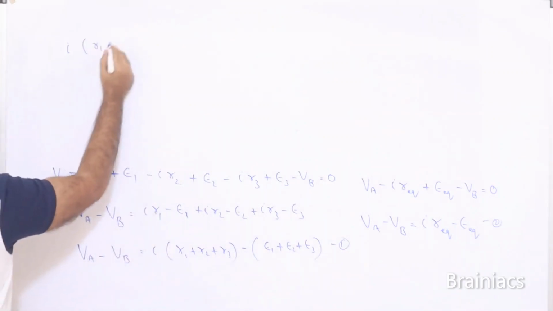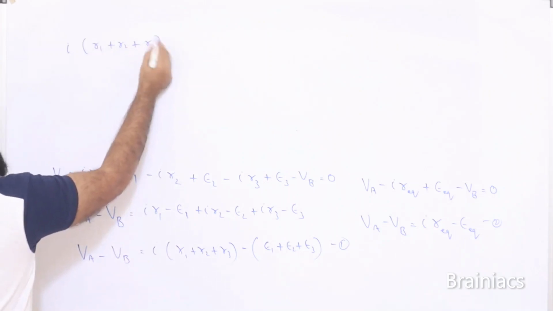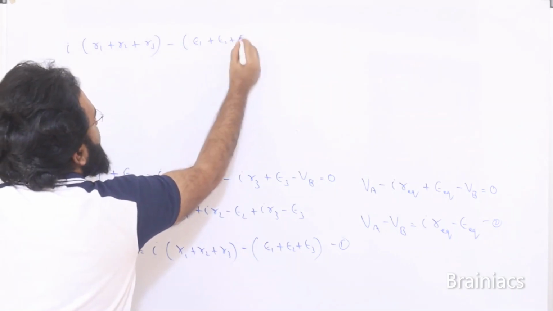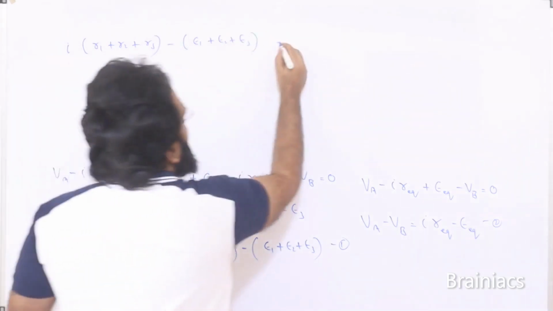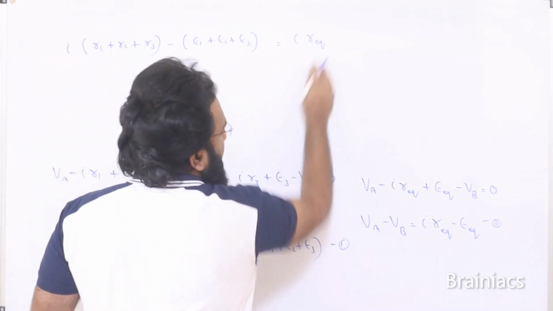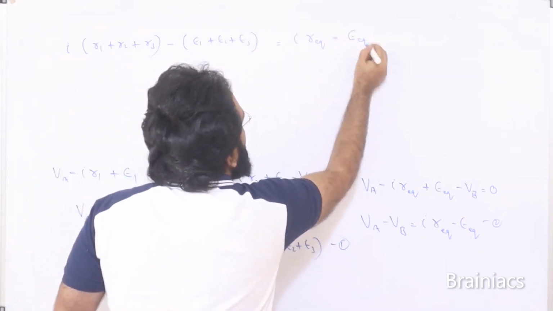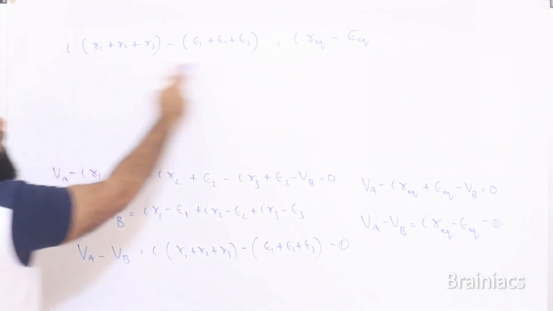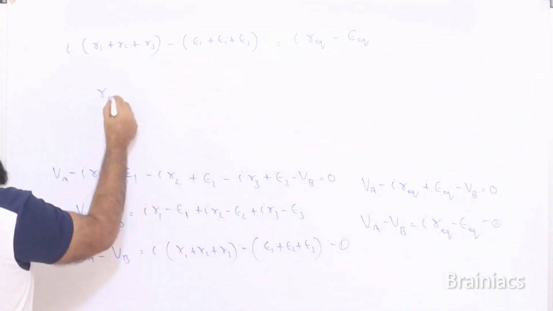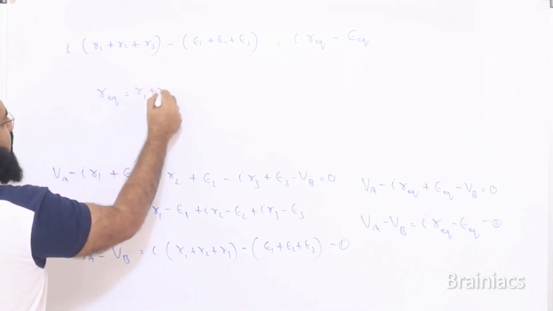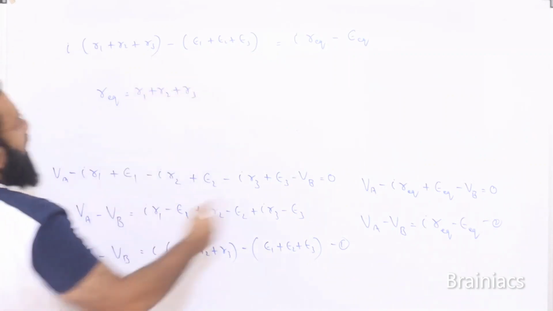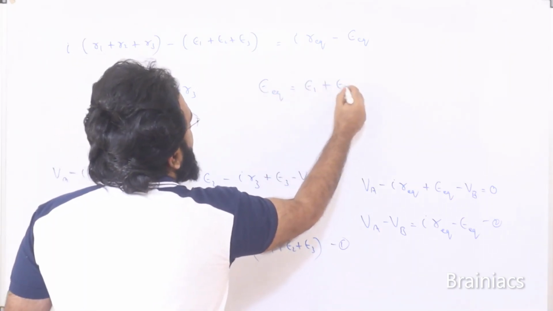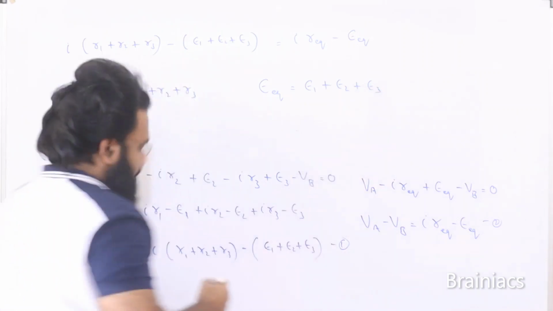So I into R1 plus R2 plus R3 minus E1 plus E2 plus E3 is equal to IR equivalent minus E equivalent. Comparing this, what we can understand is R equivalent is nothing but R1 plus R2 plus R3, and the equivalent EMF is going to be E1 plus E2 plus E3.